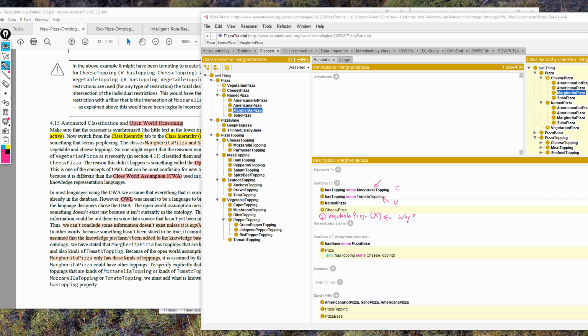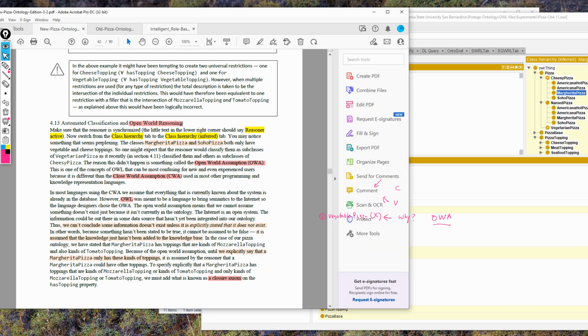Okay, because of what? Because of the open world assumptions. Because when you just read this, we have stated that margarita pizza has a topping that are kind of mozzarella topping, also is kind of tomato topping.